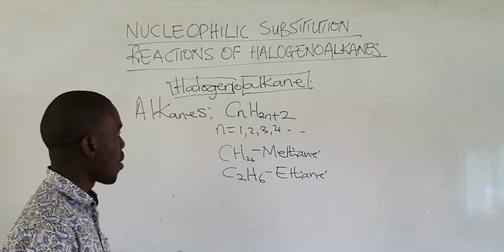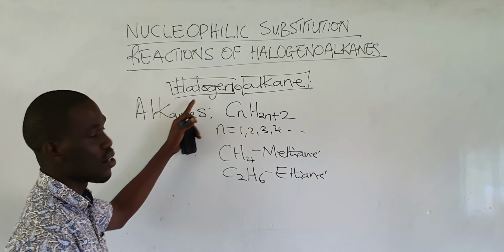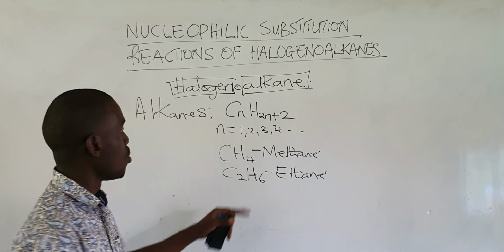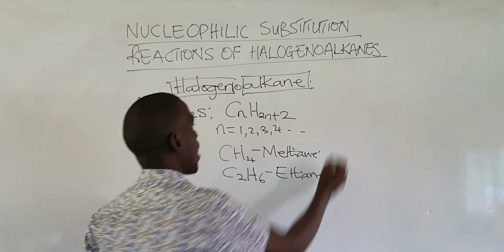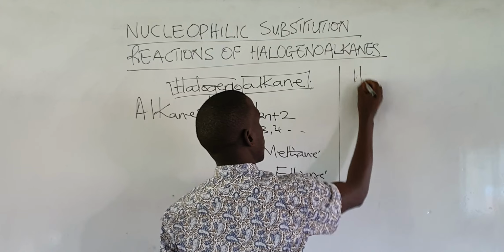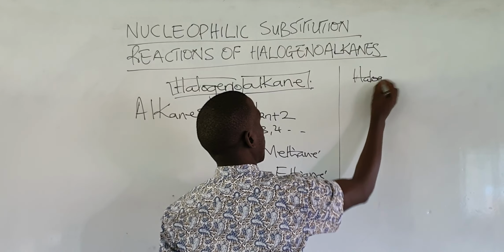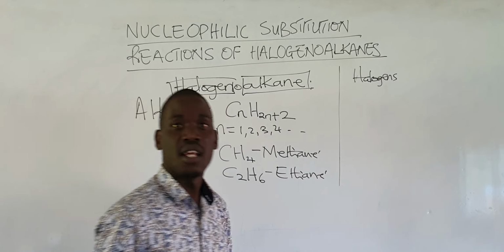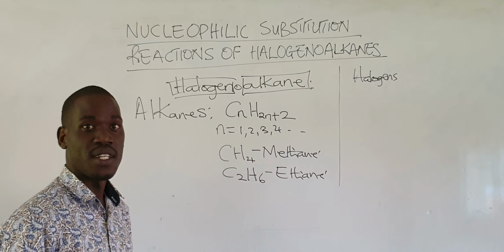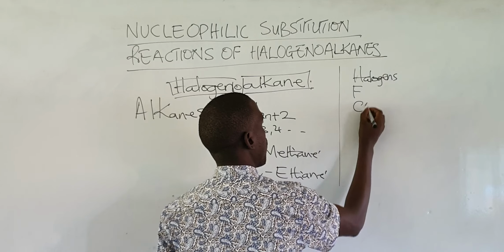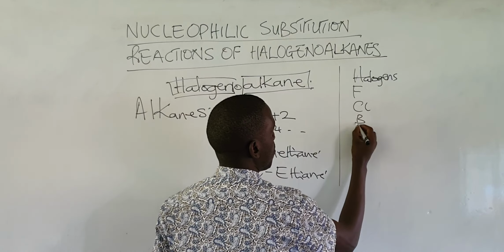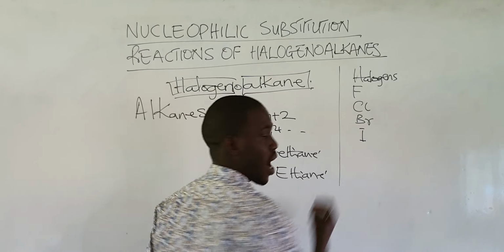Now, how does the concept of a halogenoalkane come in? You should also know the meaning of a halogen. Halogens are elements of group 17. That is fluorine, chlorine, bromine, iodine.